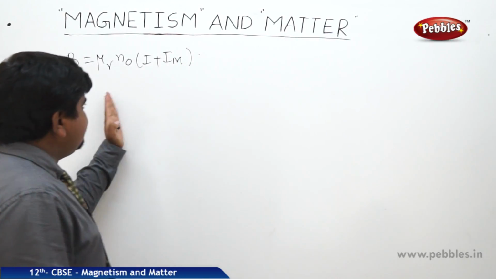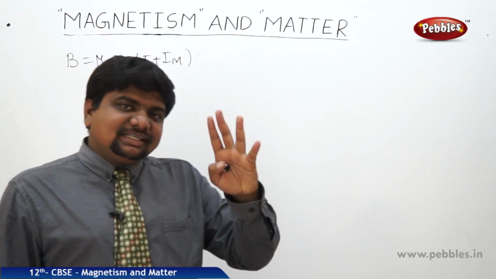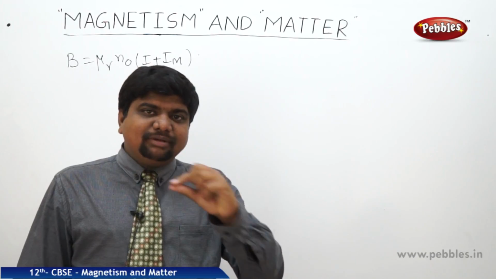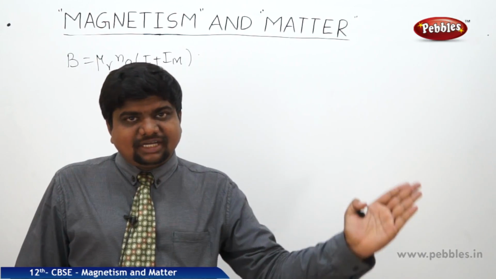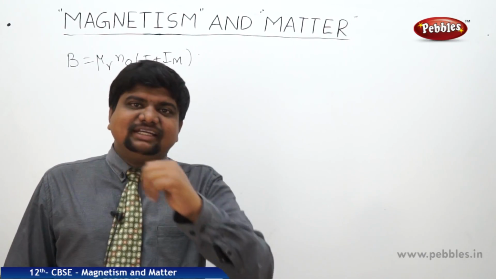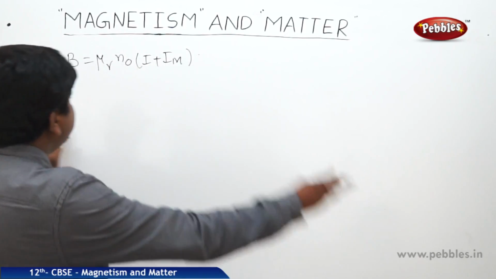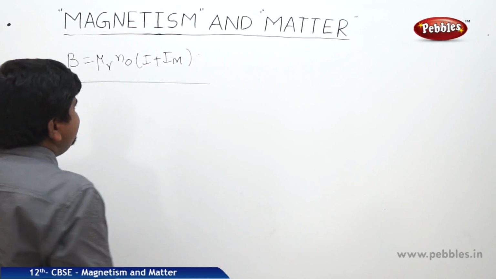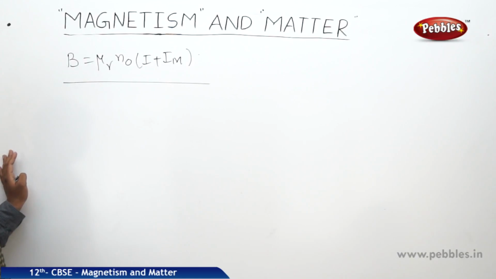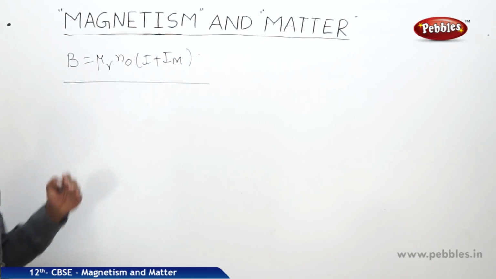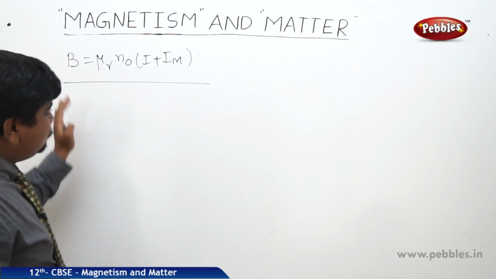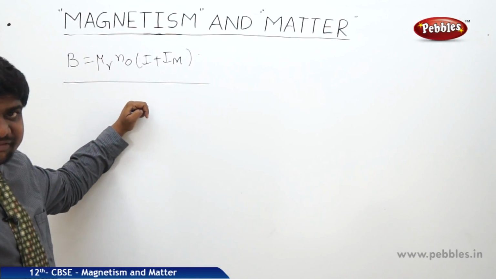So we should find out the magnetizing current. The magnetizing current through the solenoid is nothing but the minimum amount of current which can pass through the solenoid under these magnetic fields. It is represented by B is equal to mu r mu naught n into I plus Im. So the current should cross over the core of the magnetic material to withstand this magnetic field.